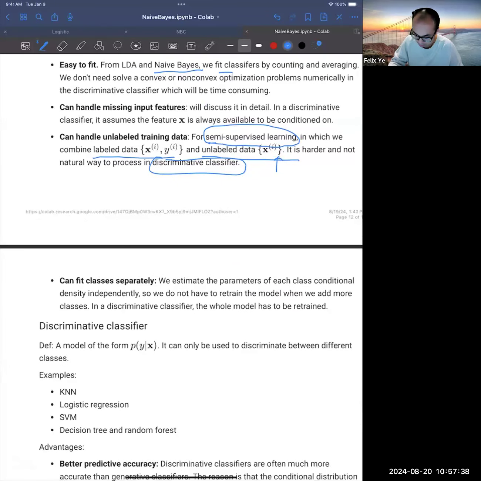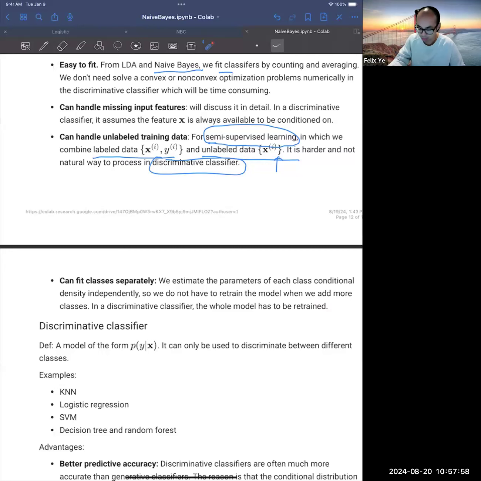And also, we can estimate the parameters of each class conditional density completely independently. That means if we add more data here, we don't actually need to retrain these models.